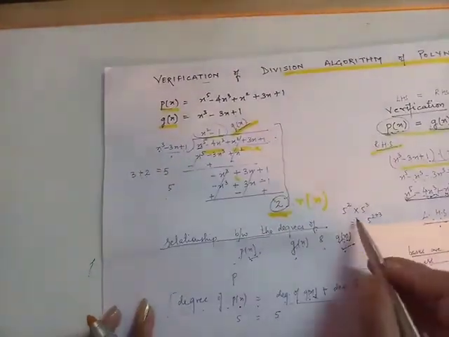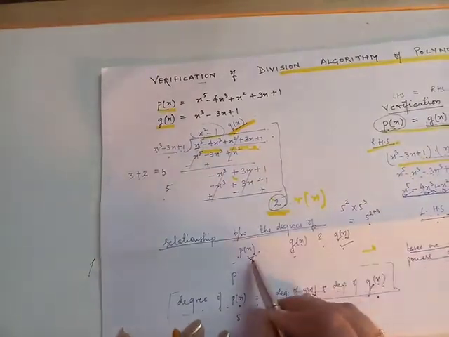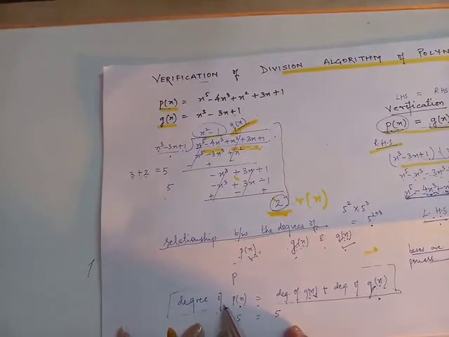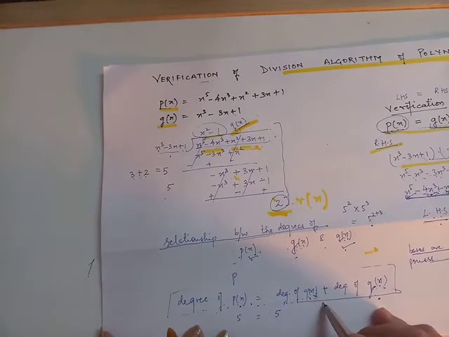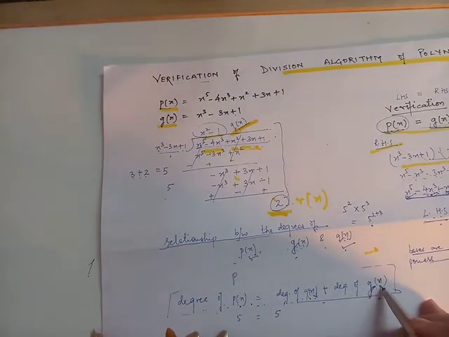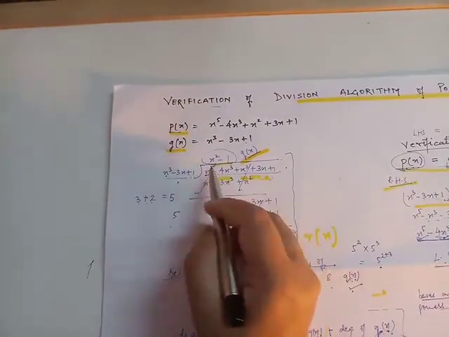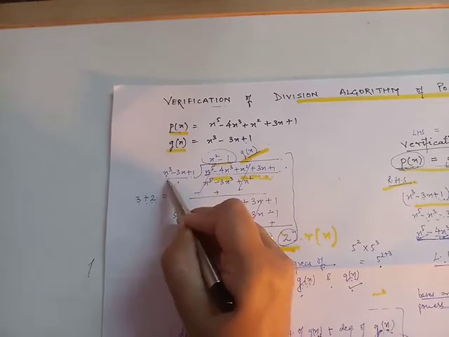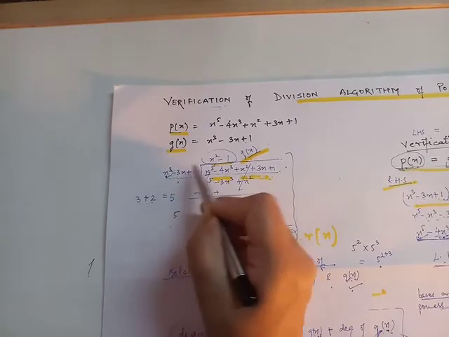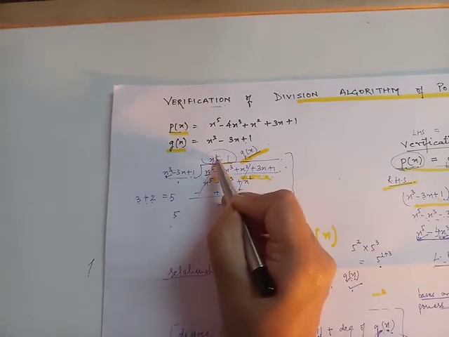By following the same rule, we can say that the degree of p(x) is equal to the degree of q(x) plus the degree of g(x). From the given question also you can see the degree of g(x) was 3 and the degree of q(x) was 2.